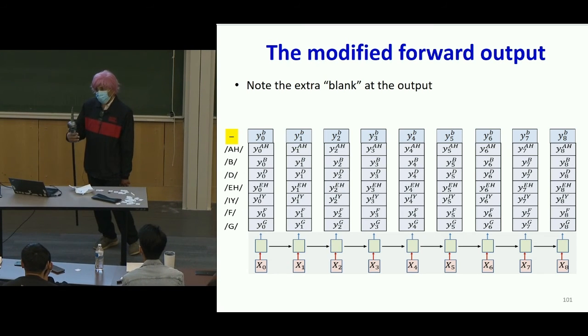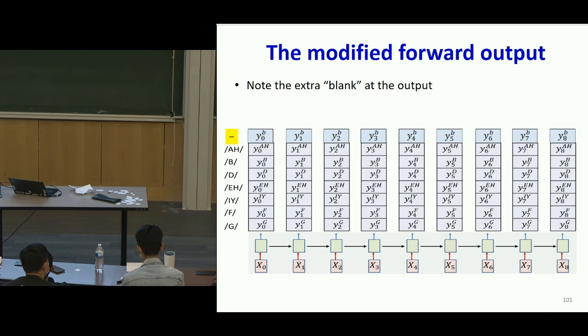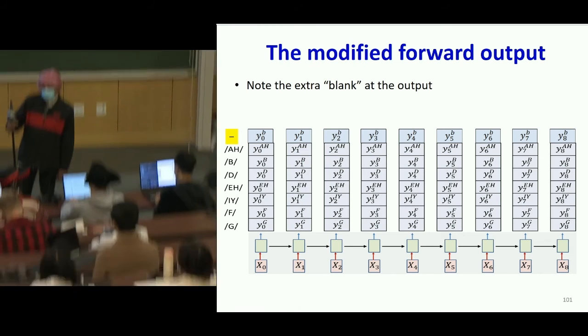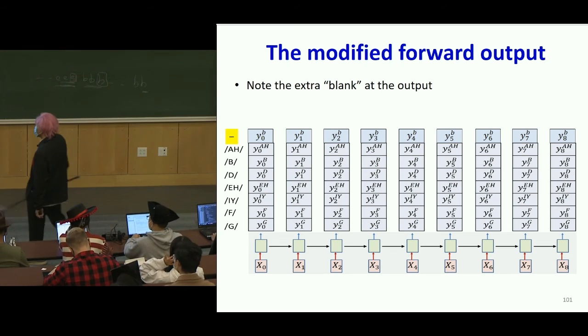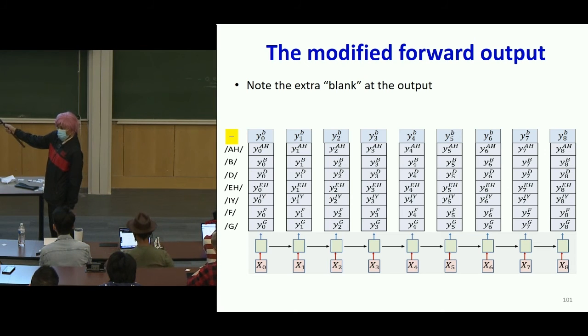I have to account for the blank. So if I was recognizing characters in the alphabet, I would now have a 27th symbol, which is the blank. At any time, the network is going to output probabilities not just for the symbols in your vocabulary, but also for the blank.